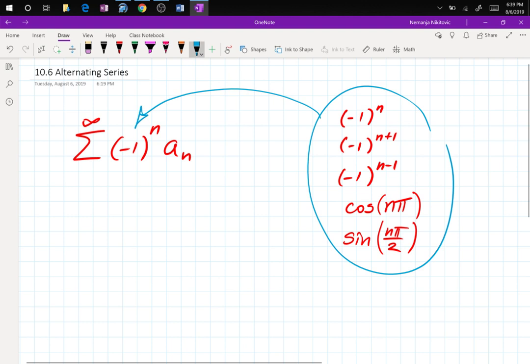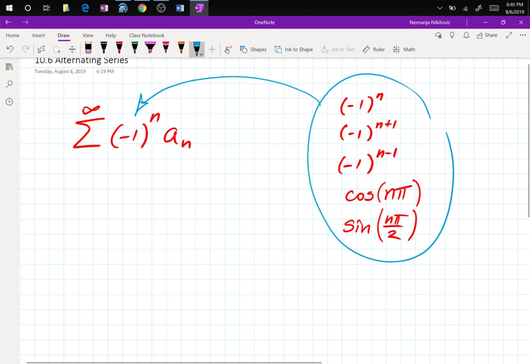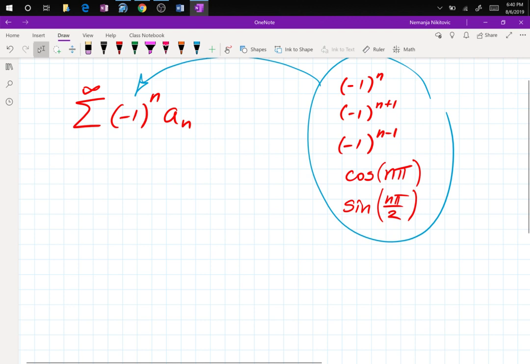And what they have is a kind of tree path that I would like to call from the start of the problem all the way down to the conclusion. And here is the path. For alternating series, you first look at the limit of a_n.